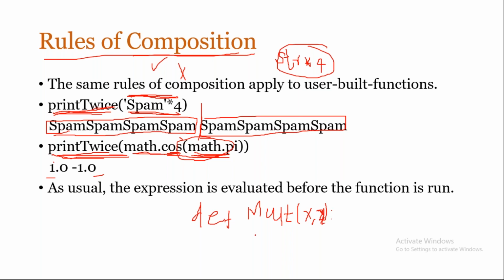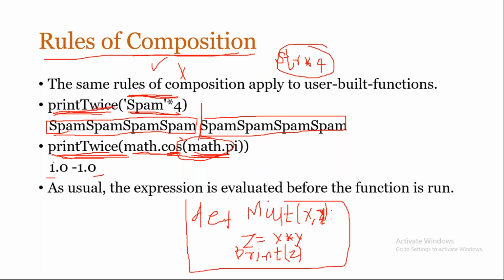Put a colon here. Inside the function, define another variable z, multiply x into y, and then print z. So you have defined your function here. It is as simple as this.